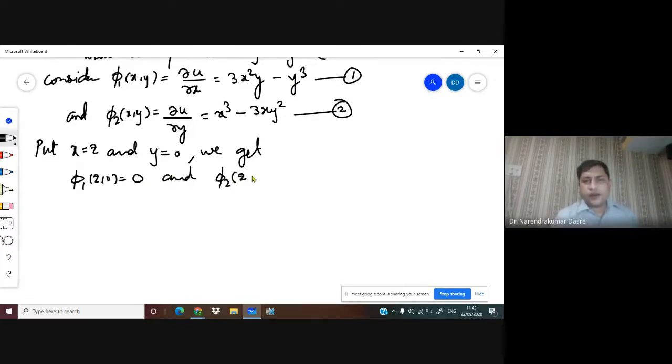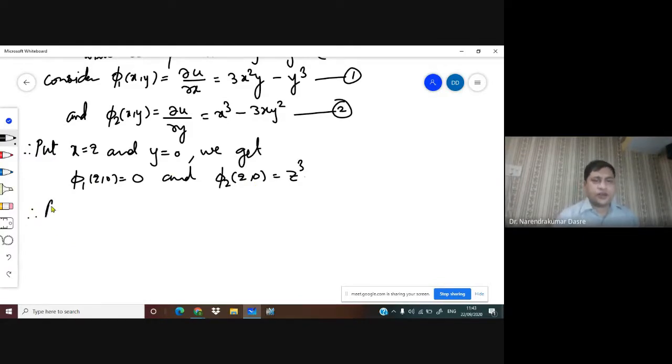And phi 2 of z, 0 is equal to, what we have here, this x is going to be z, so I'll be having z cube minus this term, which is going to be 0 since y is 0, and hence we have z cube only. So now we got phi 1 of z, 0 and phi 2 of z, 0.